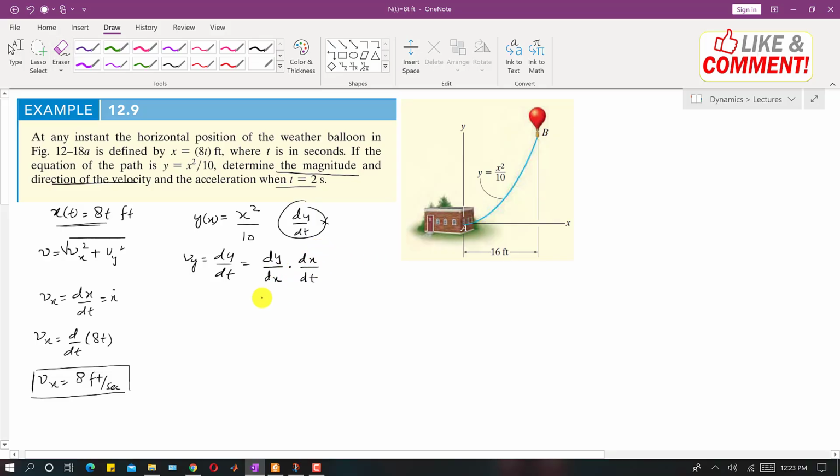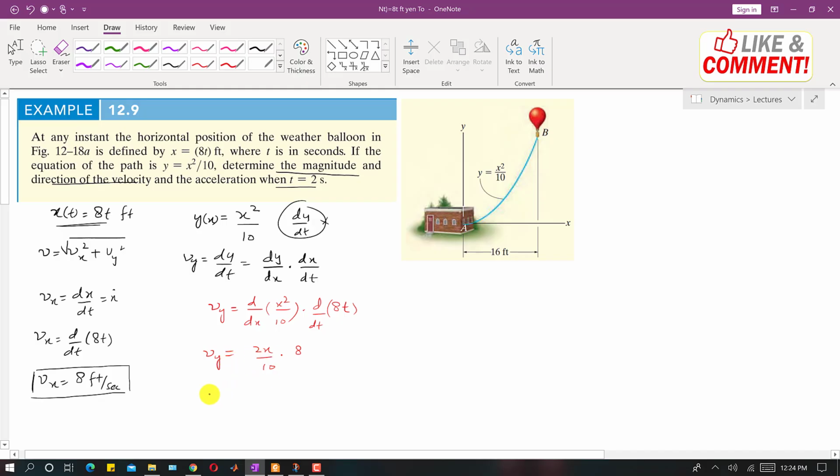Vy will be equal to dy by dt, so d by dx of y, which is x squared divided by 10, multiplied by d by dt of x, which is 8t. When we find these derivatives, this will be 2x by 10 times 8.